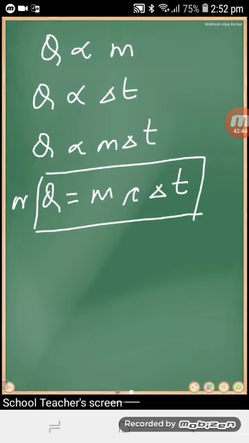This is the first formula you can use to find the heat of a body, that is, either the heat is evolved or heat is absorbed.